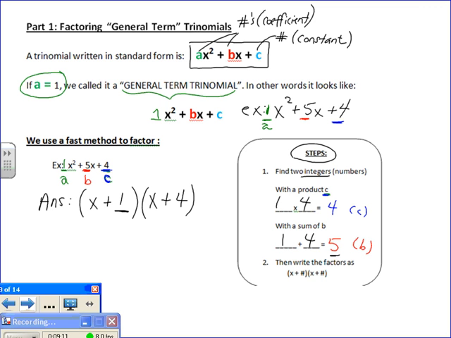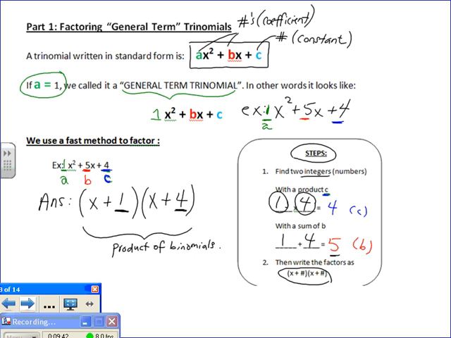So we write our factors as a product of binomials. Each one of these is called a binomial, and this is a product, so two binomials multiplied together. The two factors that I found, 1 and 4, are the numbers that I'm going to put right here, x plus 1 and x plus 4. Those are the factors that give me my trinomial.